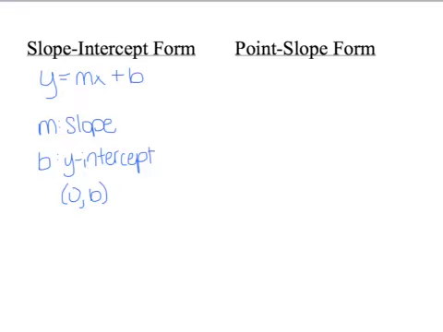Okay, another common form is called point-slope form. y minus y1 equals m times the quantity x minus x1. So in order to use this form, you need a point and the slope.